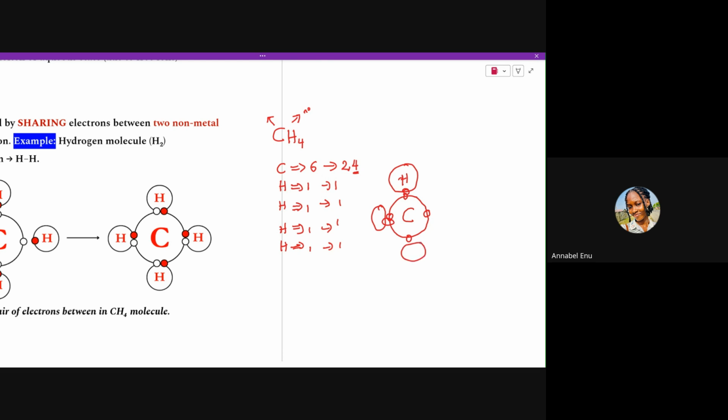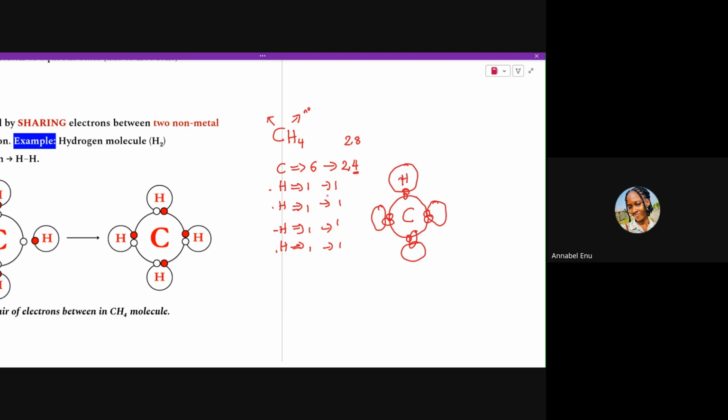Another hydrogen will be here, and another hydrogen will be here, each sharing its one with carbon. So the 4 that carbon has plus the 4 shared by the 4 hydrogens, carbon is now going to be stable. It's now going to have 8 electrons altogether. And also hydrogen will be stable.